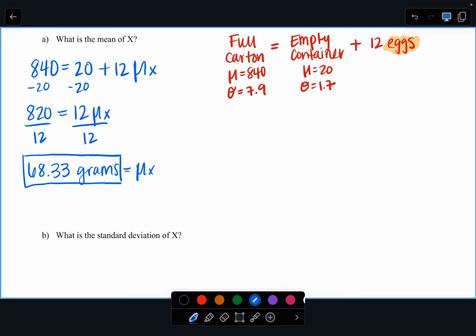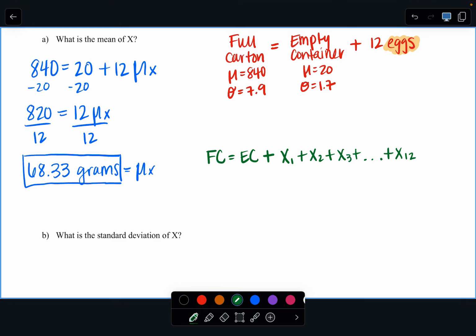So what's really happening is we're taking that full carton, making it an empty carton, but whenever I say 12 eggs, I'm actually doing X1 plus X2 plus X3 plus and so on, all the way to X12.